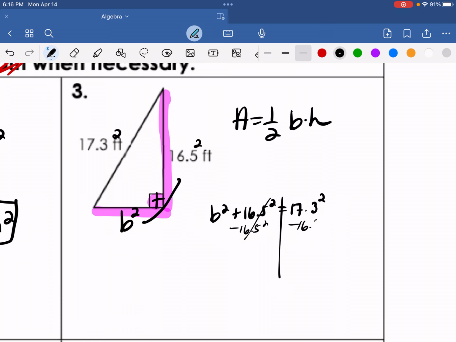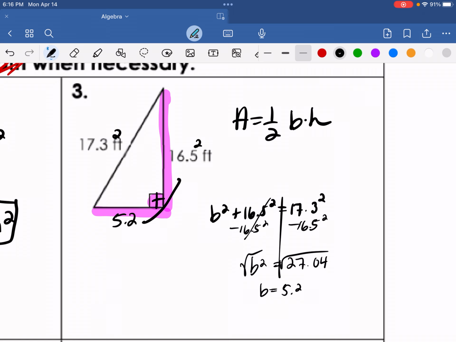I type this in the calculator the way it is, like 17.3 squared minus 16.5 squared. And I get B squared equals 27.04. And then last step, square root. So square root 27.04, and the answer would be 5.2. So down here, it is 5.2.